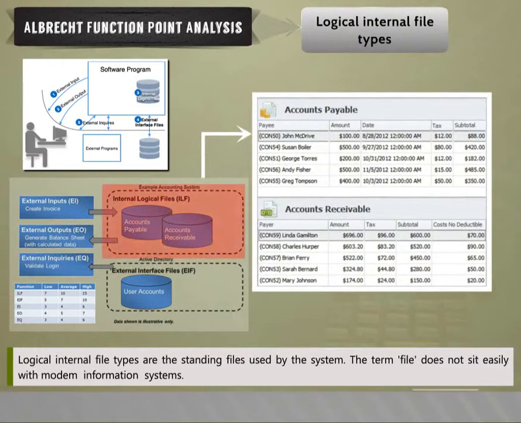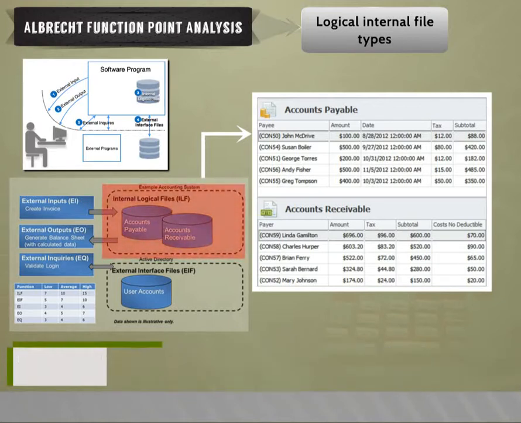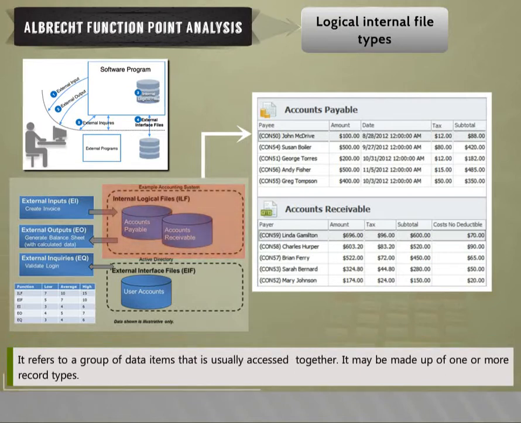Logical internal file types are the standing files used by the system. The term file does not sit easily with modern information systems. It refers to a group of data items that is usually accessed together. It may be made up of one or more record types.